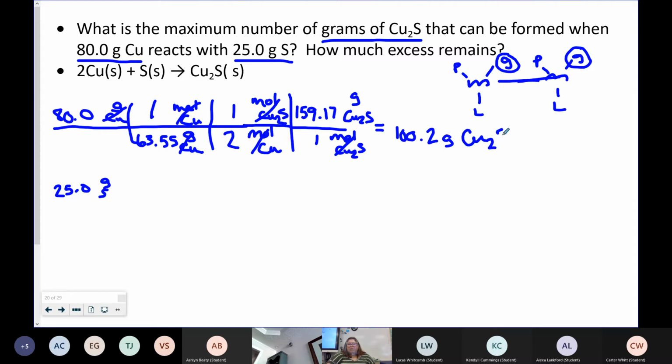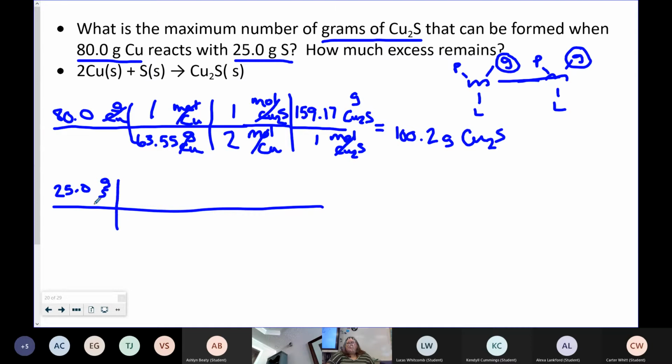So that's a pretty decent amount, but we don't know if we have enough sulfur to make more of that copper 1 sulfide or less of the copper 1 sulfide. So we also have to calculate this with the sulfur. So we're going to go through the same process.